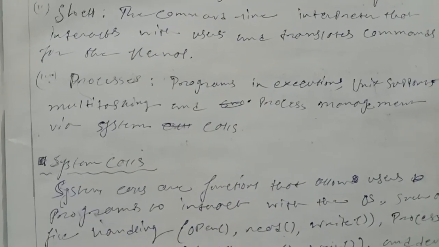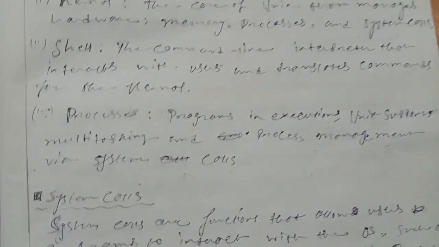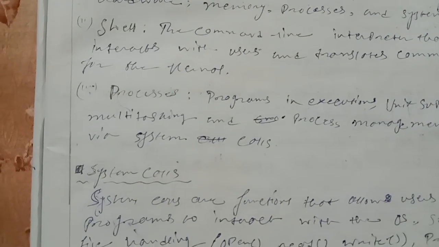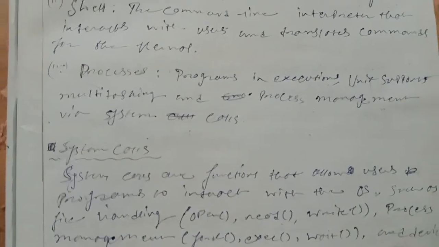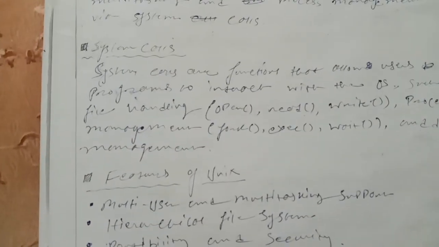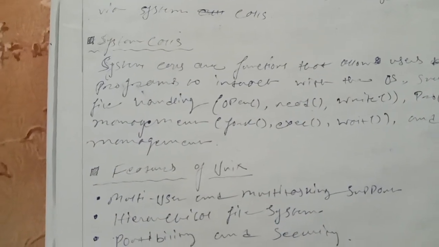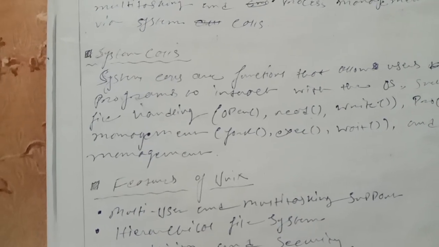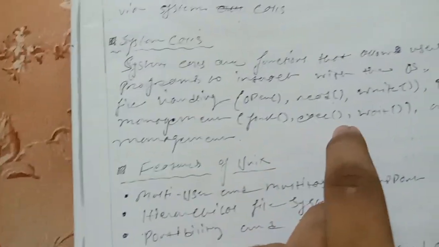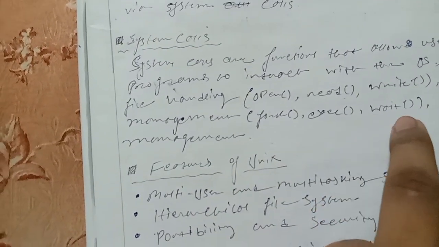And lastly, we have process. Programs in execution are called processes. Unix supports multitasking and process management via system calls. Now, what are system calls? System calls are functions that allow user programs to interact with the OS, such as file handling, like open, read, and write, process management, like fork, exec, wait, and device management.